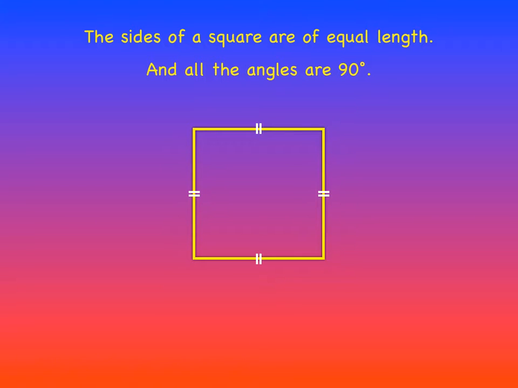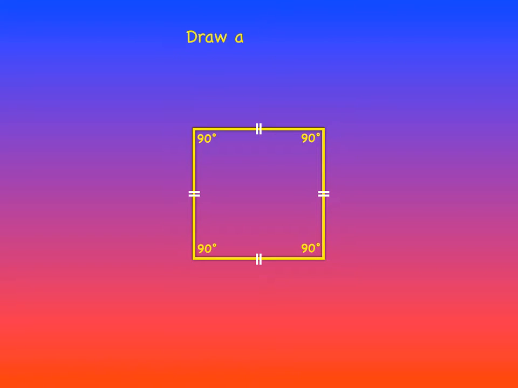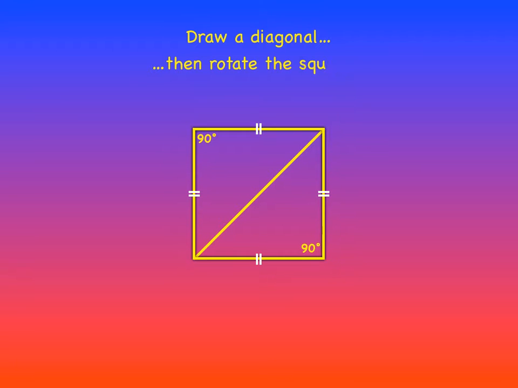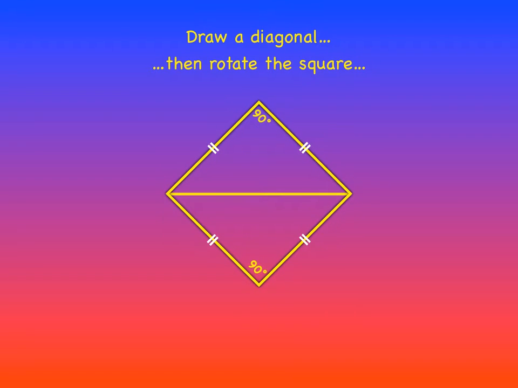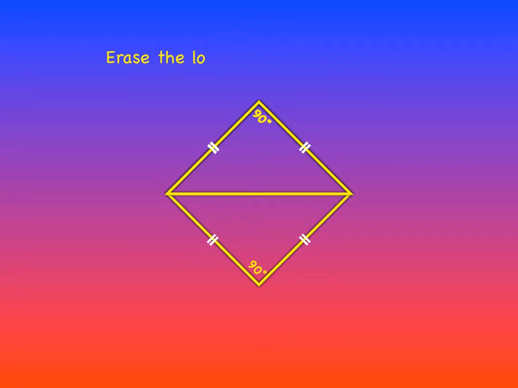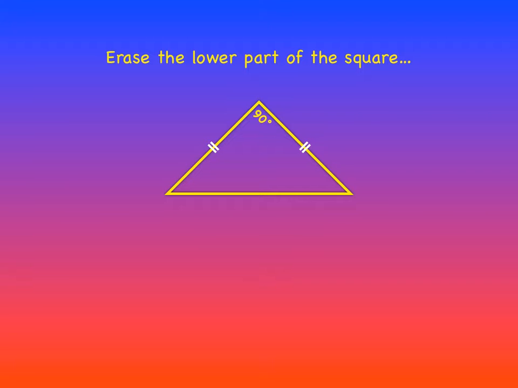And all the angles, of course, are 90 degrees. Draw a diagonal, then rotate the square, erase the lower part of the square, and you have an isosceles right triangle.